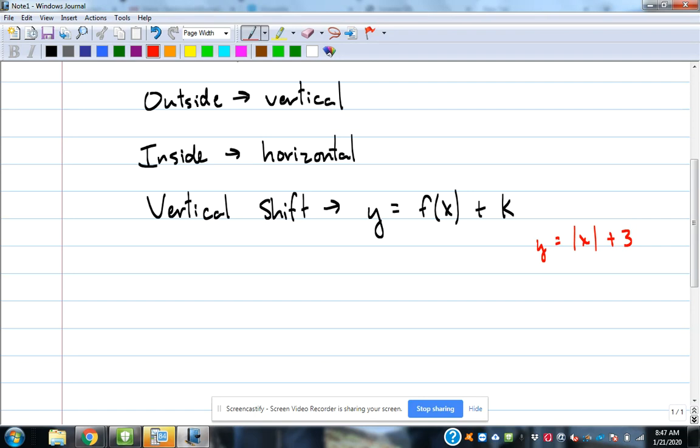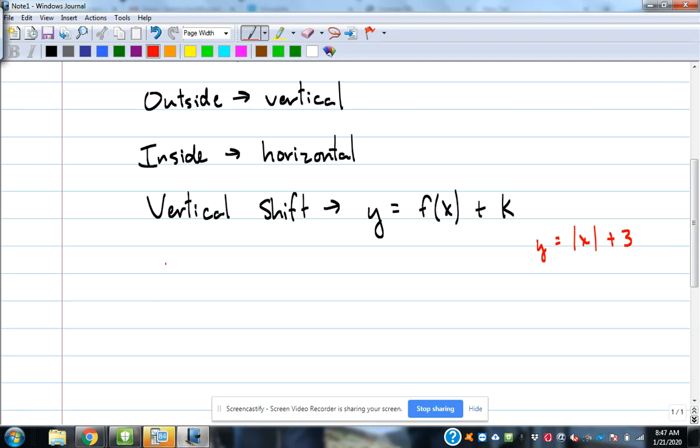It's the V shape, one of your answers on the quiz, I hope. Originally it starts at the origin. If it has the plus 3 on the outside, it doesn't change how wide or skinny it is. It just picks it up and moves it 3 steps up. If it has a minus 4 on the outside, it just takes it from 0, 0 and moves it 4 steps down. So adding or subtracting something on the outside is a vertical shift.